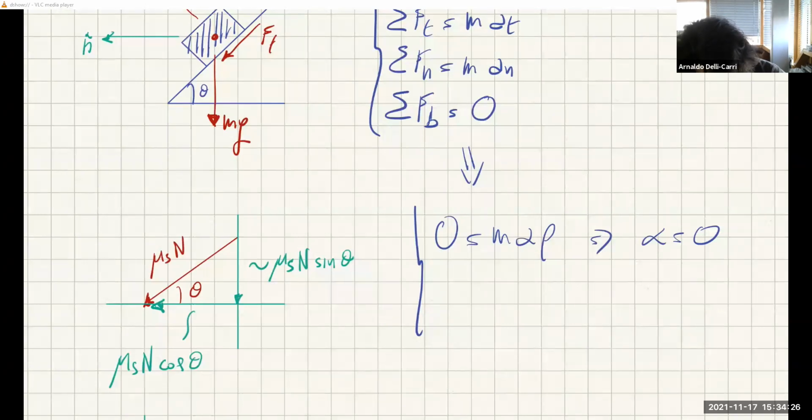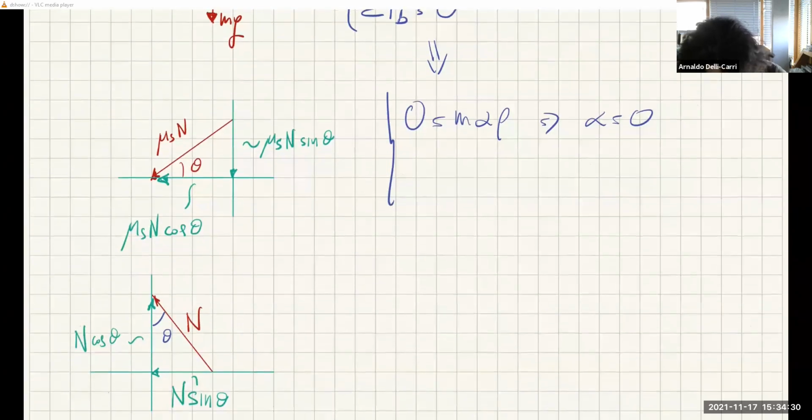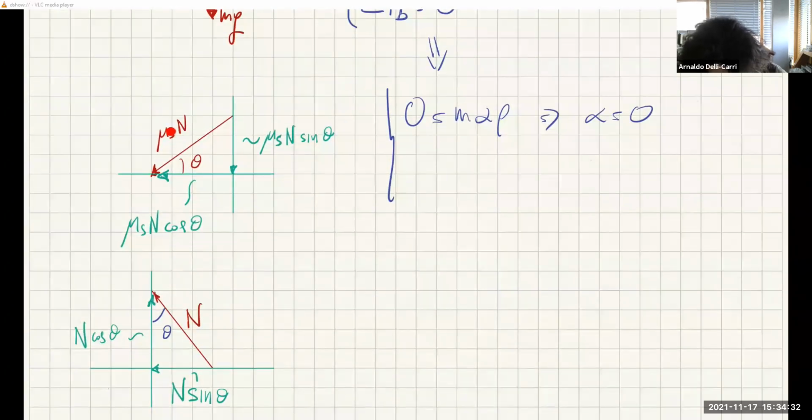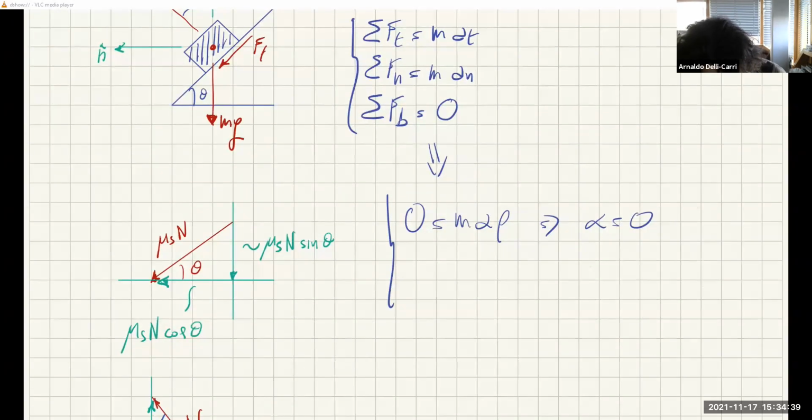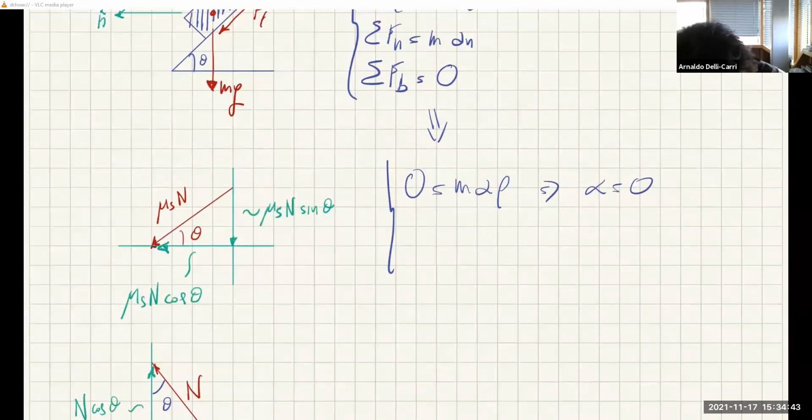The second equation is sum of forces along n. Along n, we have the component of Ff and the component of n itself. So they are both positive. See, n is positive leftwards, and this is left, this is left. So they're both positive.